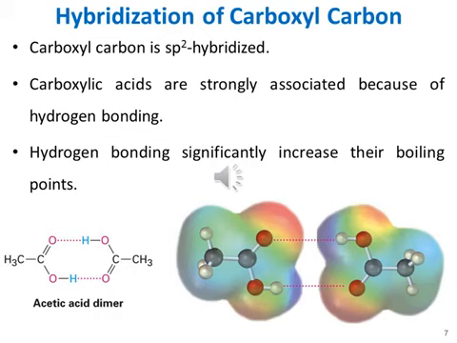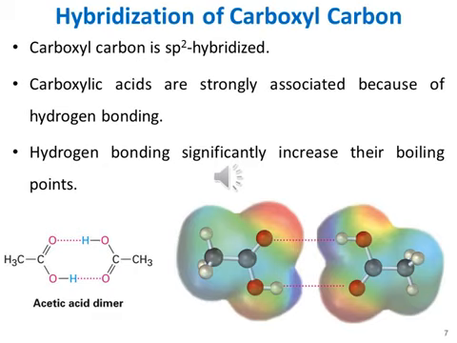Because of this partial positive charge on the hydrogen atom of the hydroxyl group, and partial negative charge on the carbonyl oxygen, the carboxylic acids are strongly associated with each other through hydrogen bonding, as I have shown for two molecules of acetic acid.